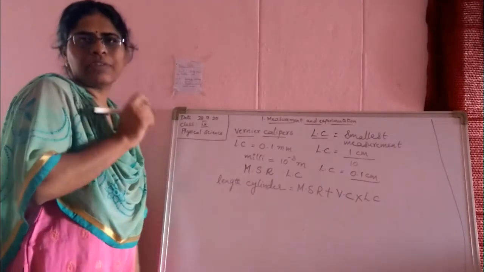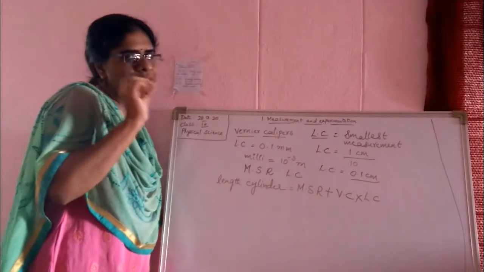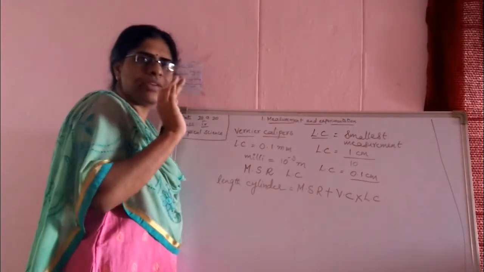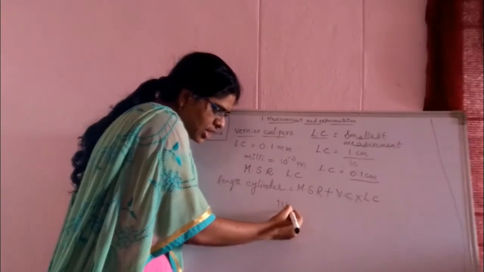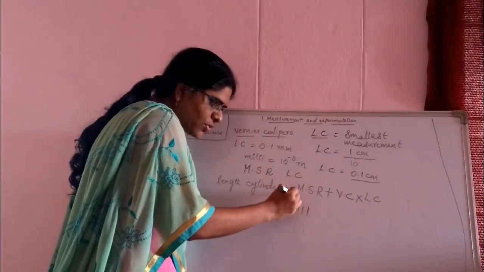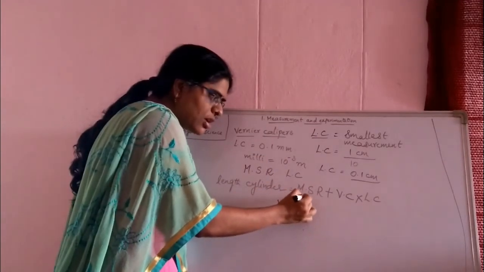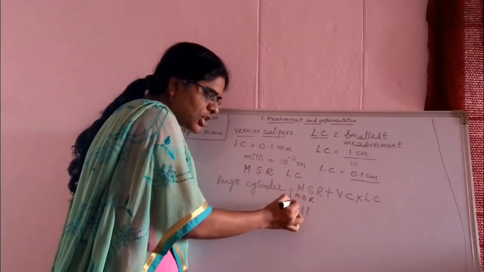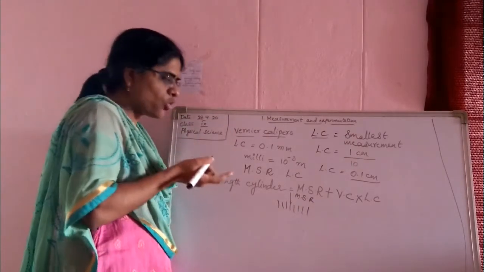Now, on the vernier scale, I have told you there will be 10 divisions. These 10 divisions will be coinciding with one division exactly on the MSR. The line which is coinciding, we call it the vernier coincidence.